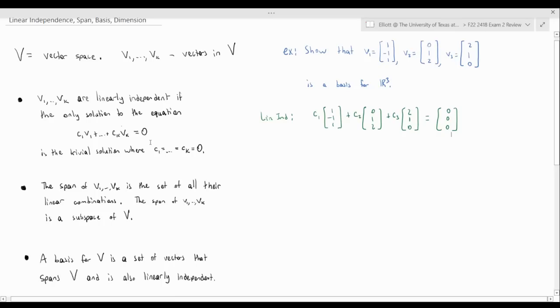So if the only solution is that C1, C2, C3 are 0, that will prove that they are independent. So to solve for C1, C2, and C3, what you can do is set up your usual augmented matrix and do the elimination, okay?